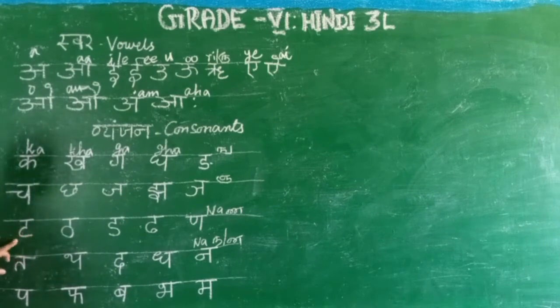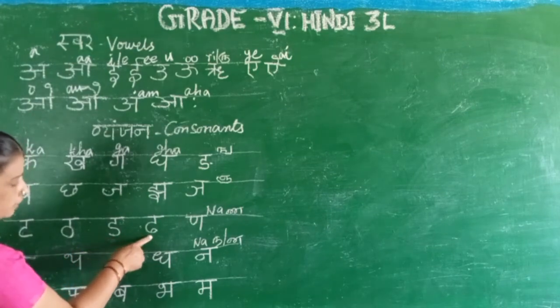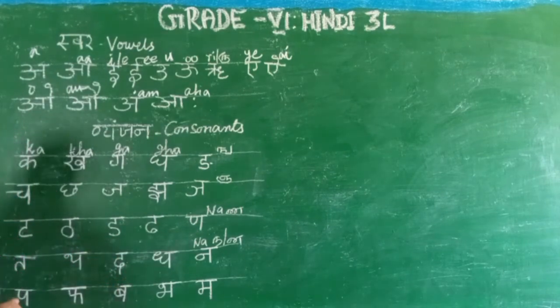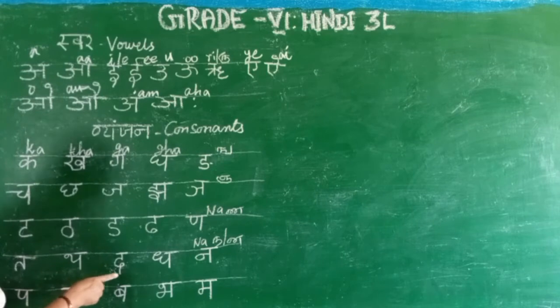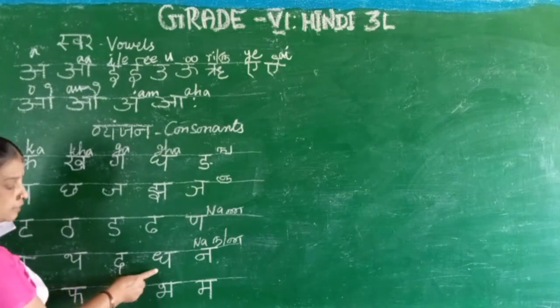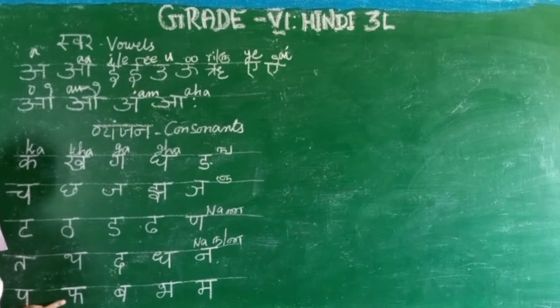Ta, T-A, ta, T-T-A, tha, da, D-A, da, D-D-A, dha, na, and ta. You push it out with the tongue. Tha, T-H-A, T-H-H-A, tha, excuse me, D-H-A, dha, D-H-H-A, dha, na.